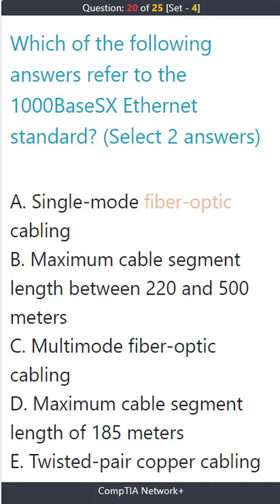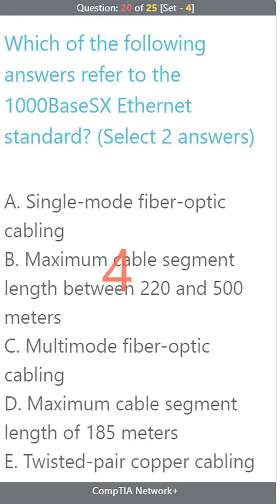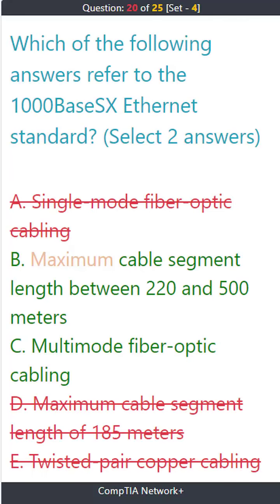A. Single-mode fiber optic cabling, B. Maximum cable segment length between 220 and 500 meters, C. Multi-mode fiber optic cabling, D. Maximum cable segment length of 185 meters, E. Twisted pair copper cabling. The correct answers are B and C.